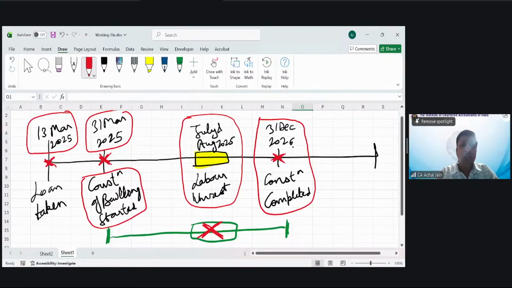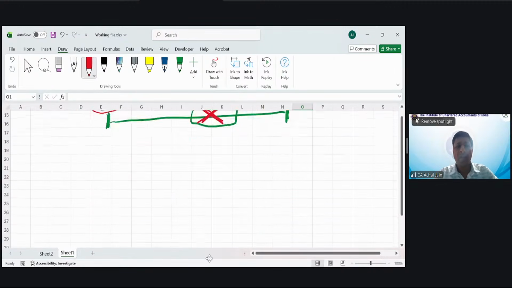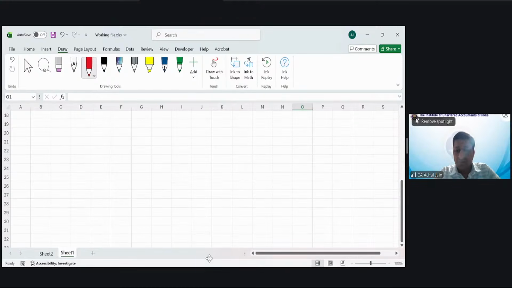Okay, so now moving further, we'll talk about types of borrowings. Again, a very important part of this standard. What do you mean by types of borrowings? See, the borrowings could be of two types.